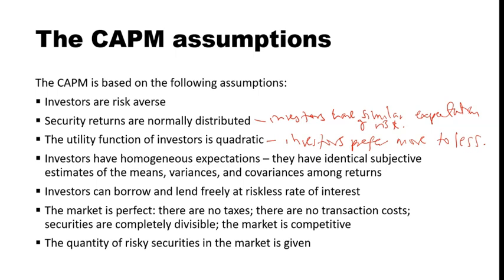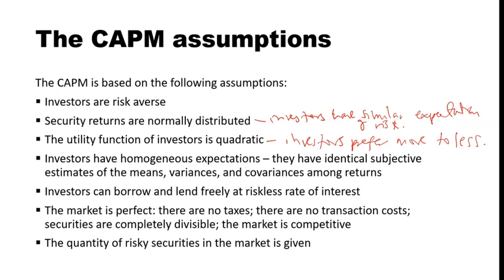Then investors can borrow and lend freely at the riskless rate of interest. The market is perfect. There are no taxes, there are no transaction costs, securities are completely divisible, the market is competitive. Then the quantity of risky securities in the market is given.